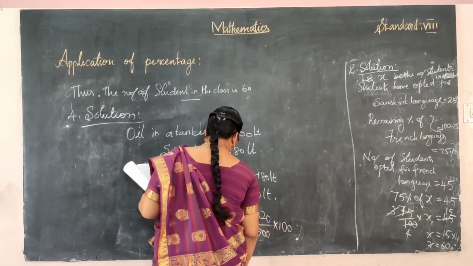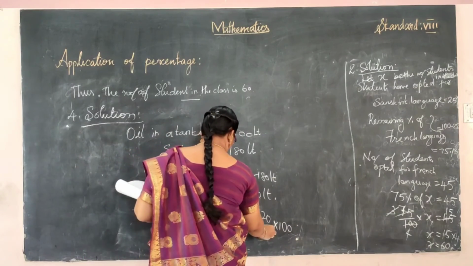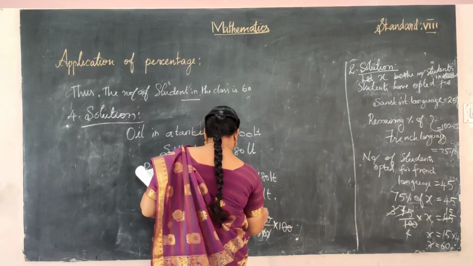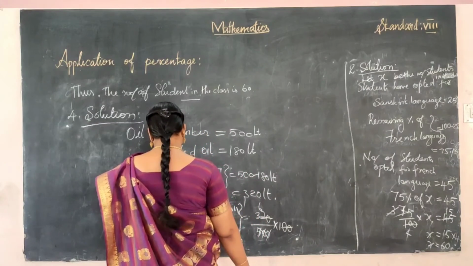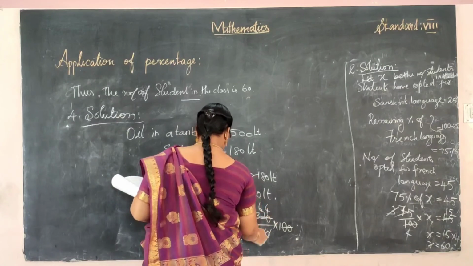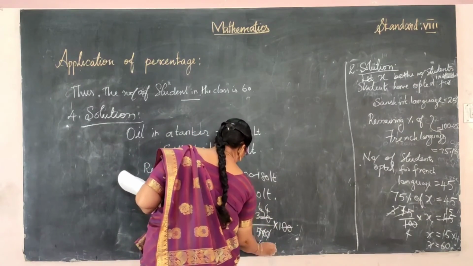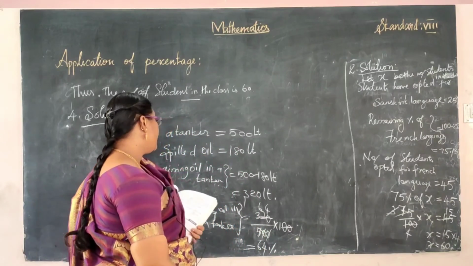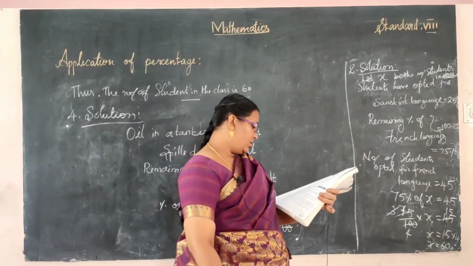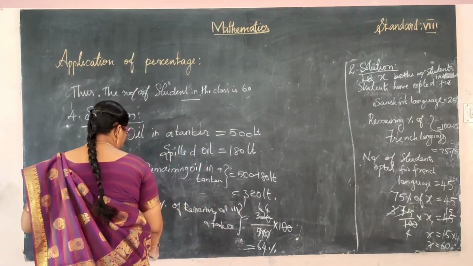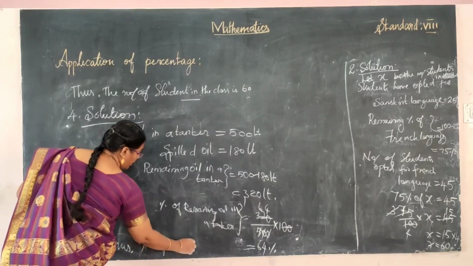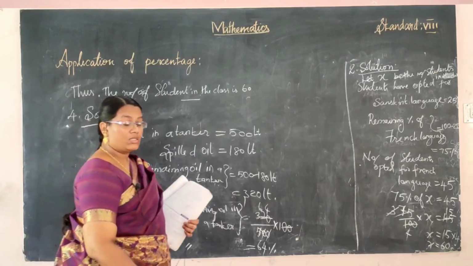Why do we multiply by 100? For percentage. Okay, so simplify. 5 6s are 30, and so on, which gives 64 percent. Therefore, the percentage of remaining oil in the tanker is 64 percent.